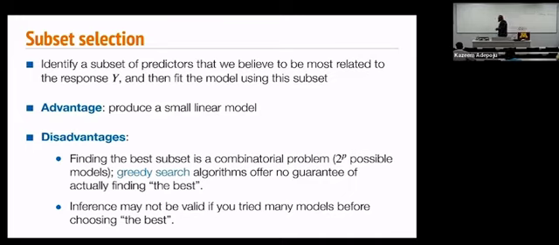In mathematics, the power set is going to be: 1, 2, 3, then 1, 2, then 1, 3, then 2, 3, then 1, 2, 3, and the empty set. Do you remember what you did in maths?